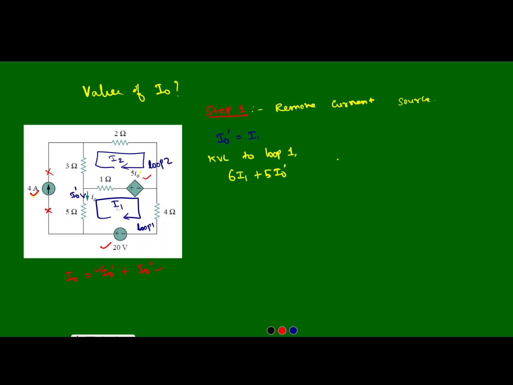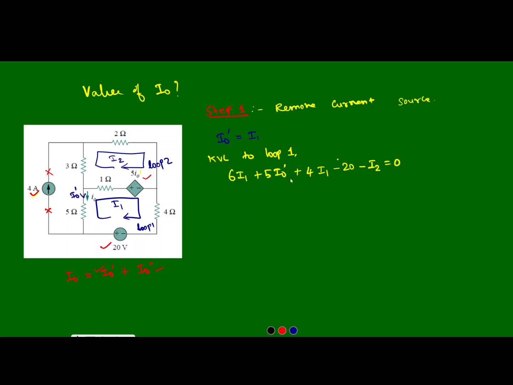Next it is reaching the positive terminal of the 4 ohm resistor, so we can write 4 into I1, and finally the negative terminal of the voltage source 20. And the 1 ohm resistor is common for I1 and I2 loop current, so we need to consider the I2 current effect on this resistor. The direction of flow of current is opposite for the 1 ohm resistor, so we can write negative I2, which is equal to 0.